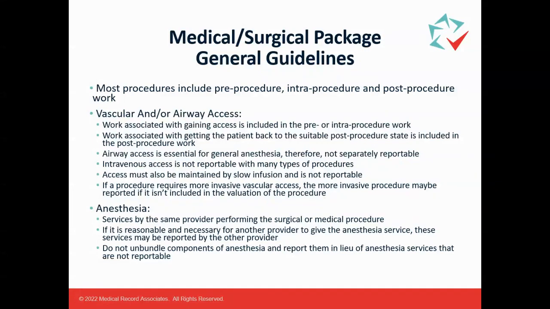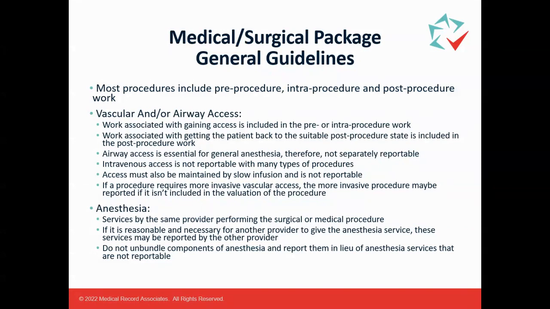Vascular and/or airway access: the work associated with gaining access is included in the pre- or intra-procedure work. The work associated with getting the patient back to a suitable post-procedure state is included in the post-procedure work. These are just some examples of what's considered in each area. Airway access is essential for general anesthesia and therefore is not separately reported.